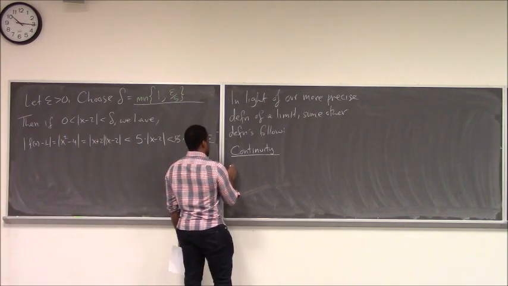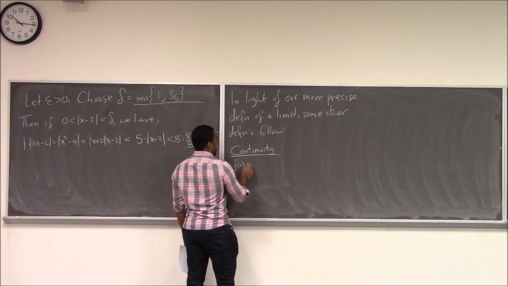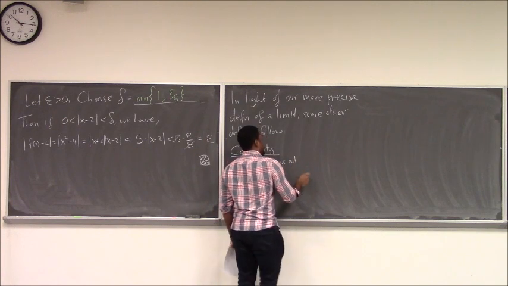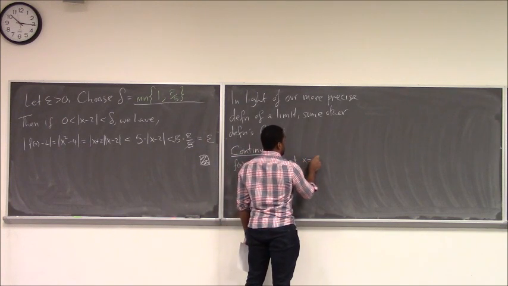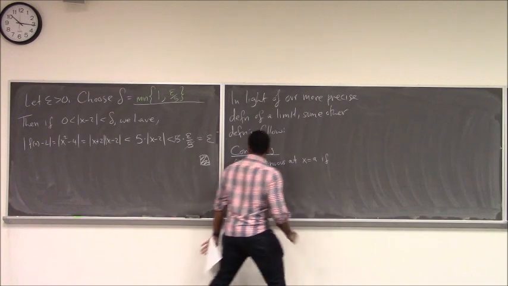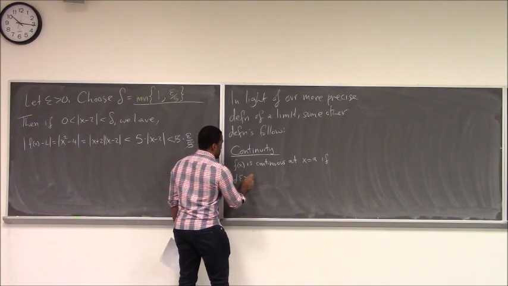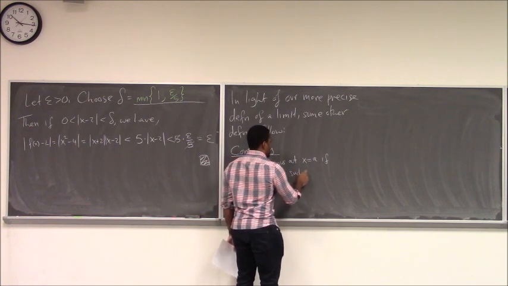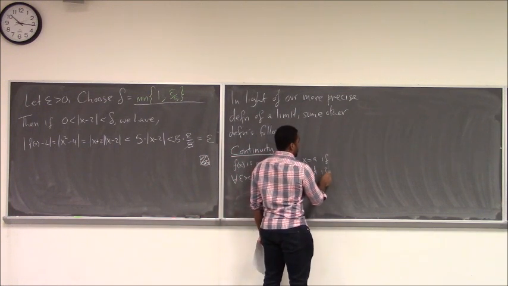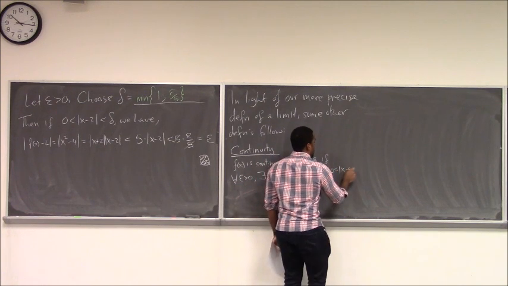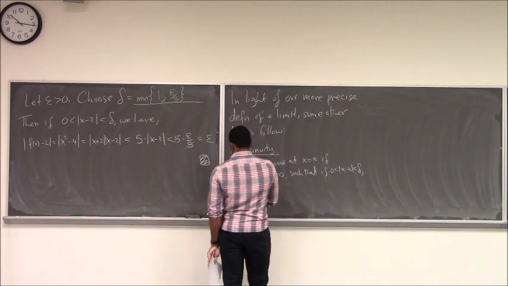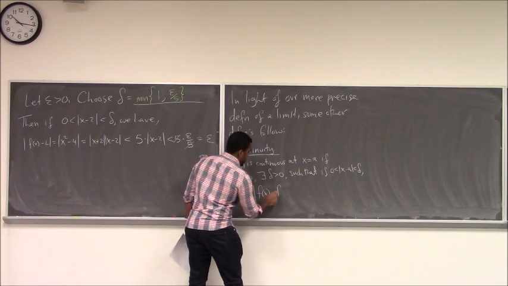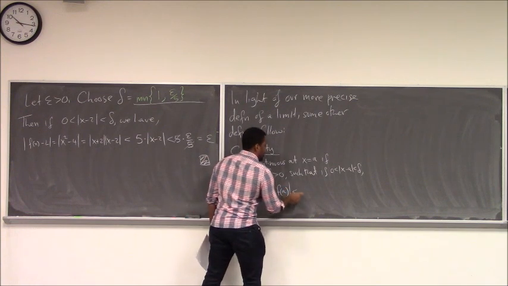You can say f of x is continuous at x equals a if for all epsilon greater than 0, there exists a delta greater than 0 such that if |x minus a| is less than delta, then |f of x minus f of a| will be less than epsilon.